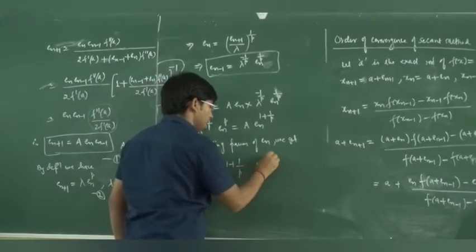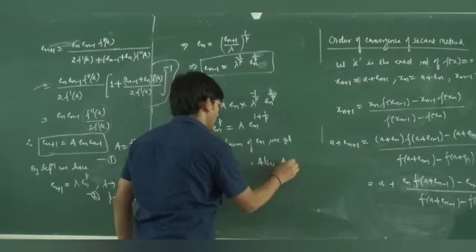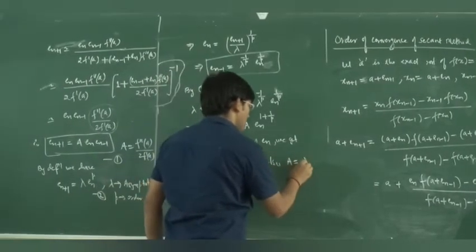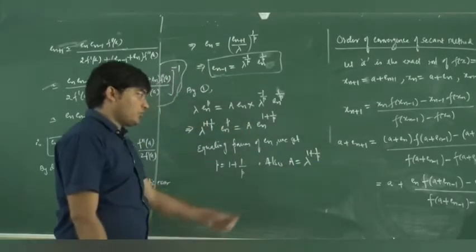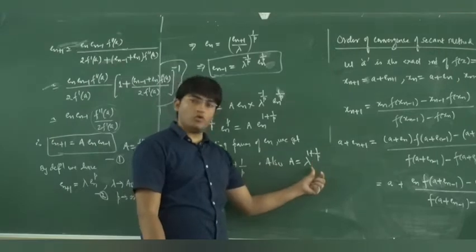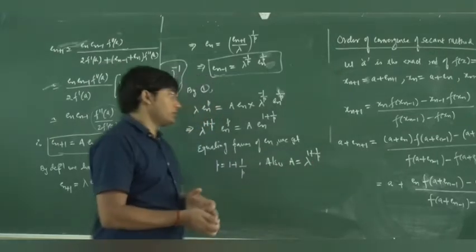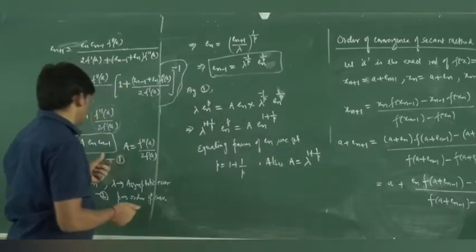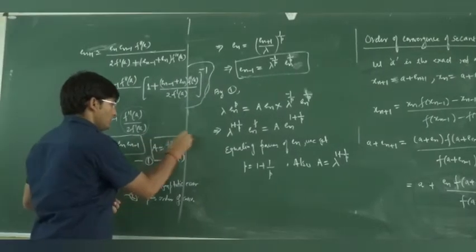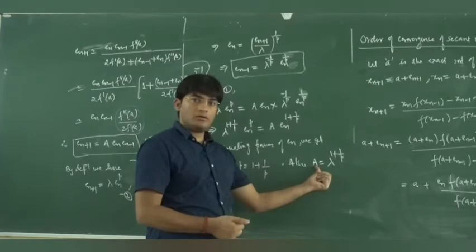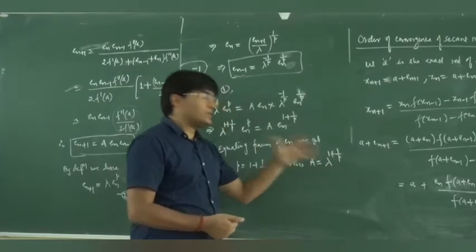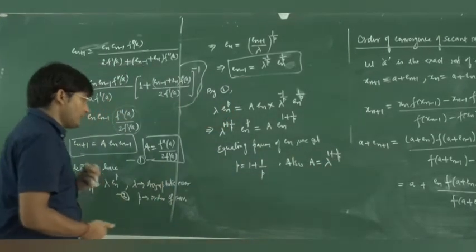Also, we will have A equal to lambda power 1 plus 1 by p. So from here we can have the value of lambda, which is your asymptotic error, and your A was this value. Your A is this one. So with the help of this A, we can have the value of this lambda, which is your asymptotic error.